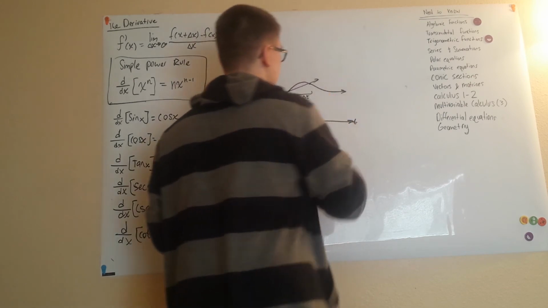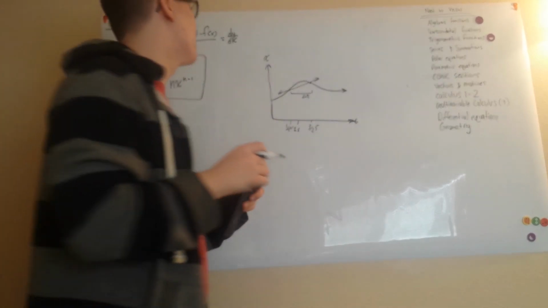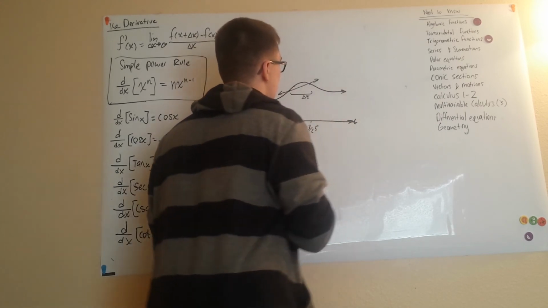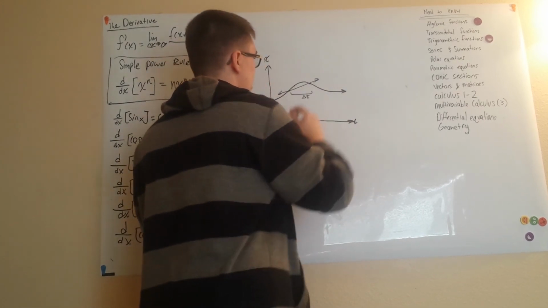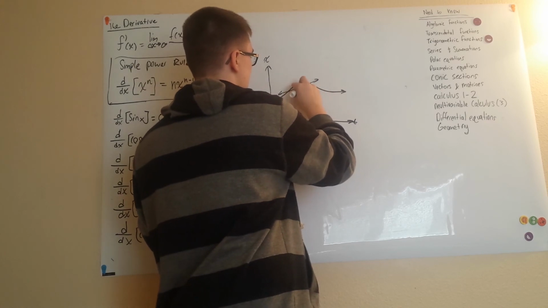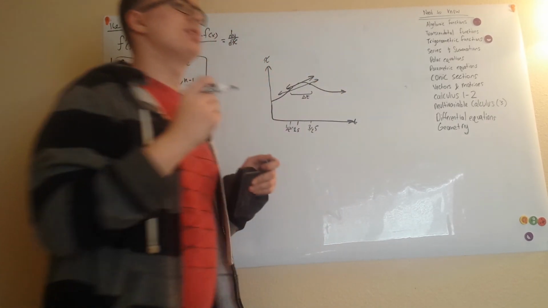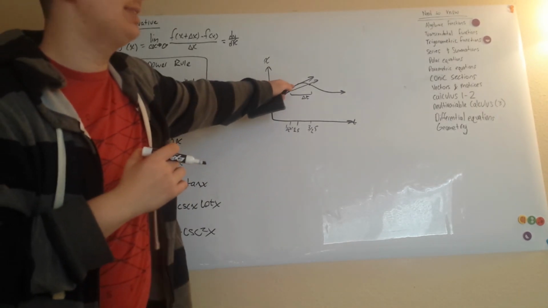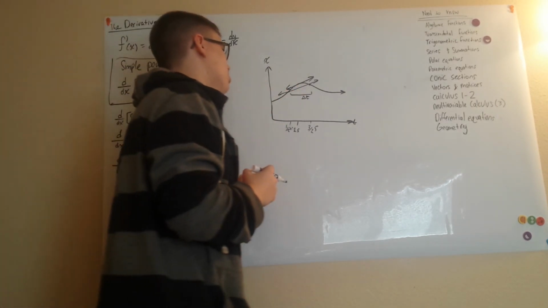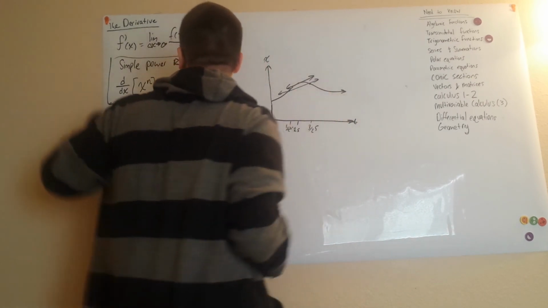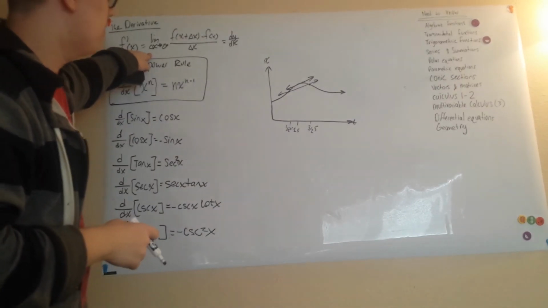That's my delta t, my change in time. If I want my average to be almost exact, instead of average I want my instantaneous rate of change. My delta t would approach 0.